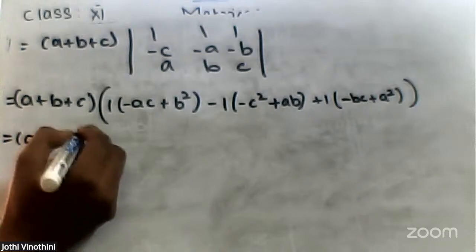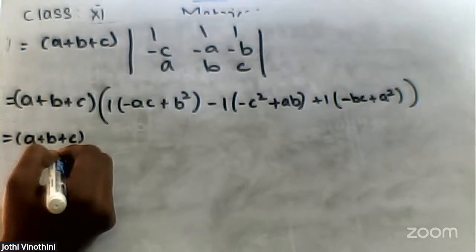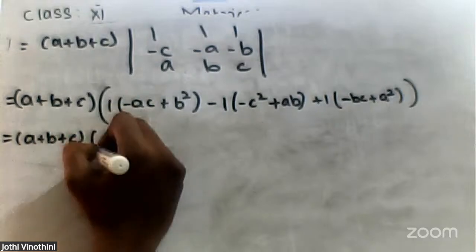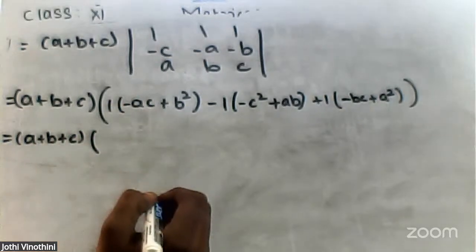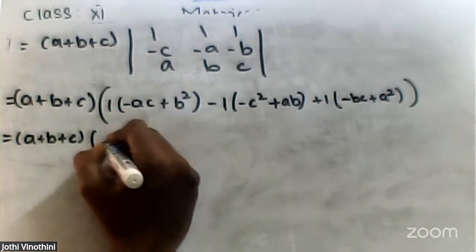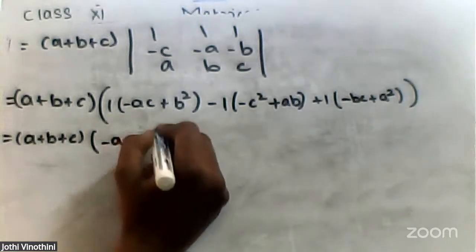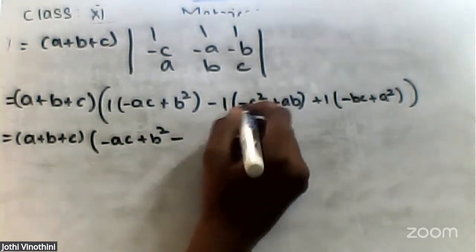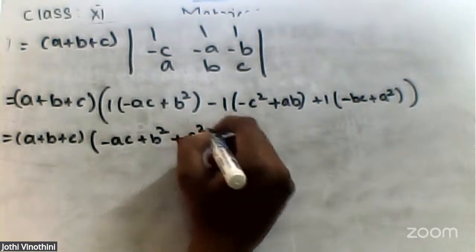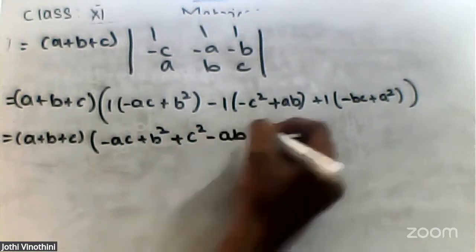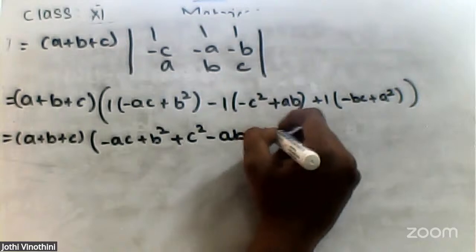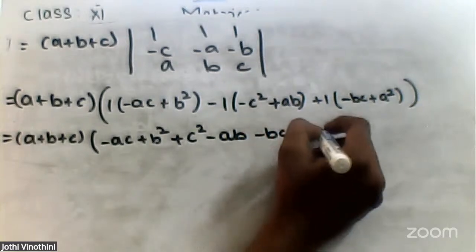So it will become A plus B plus C. While solving this, what will I get? Minus AC plus B squared. So I'm going to take this minus inside, so it will become plus C squared minus AB and minus BC plus A squared.